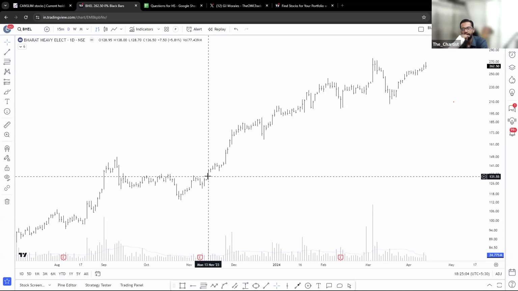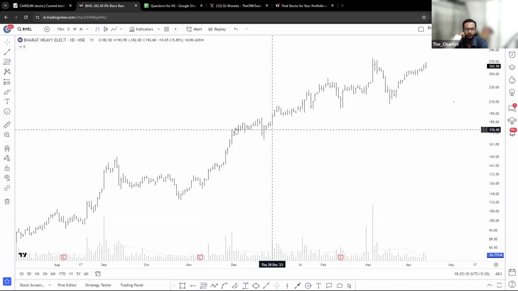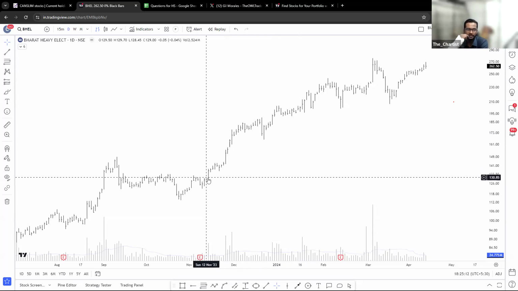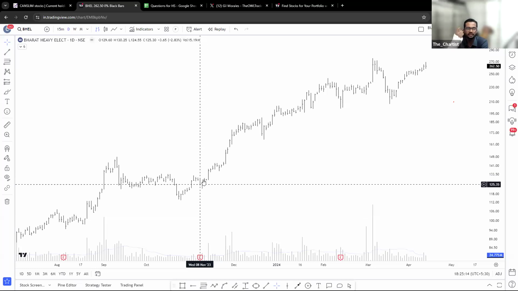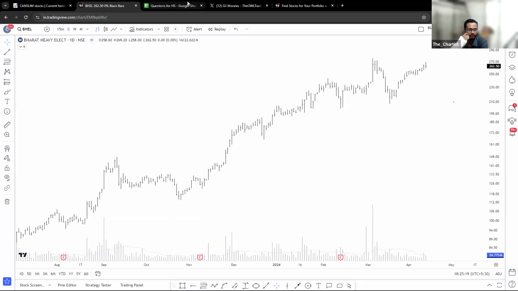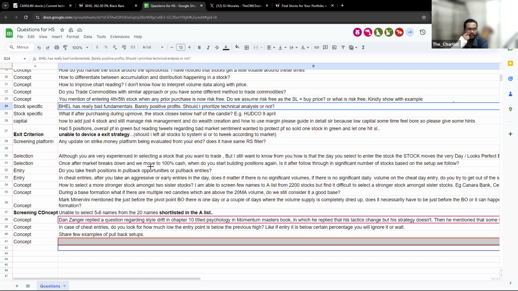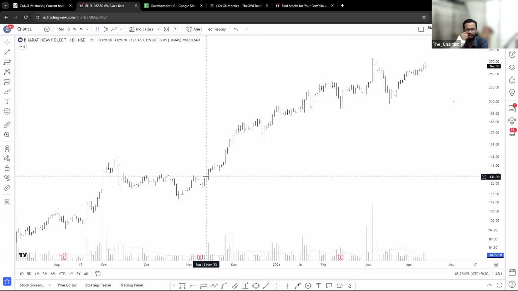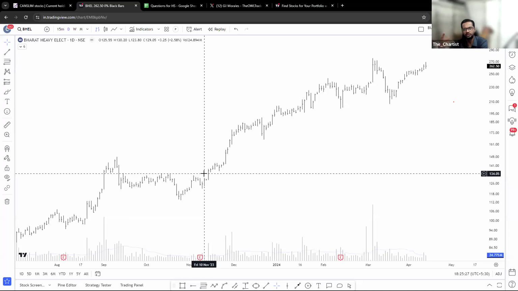But here, what can you do? If the setup is too good, I may skip fundamentals at that time. This was 20,000 CR also when I traded, or I think 43,000 CR at that time, if I remember correctly.